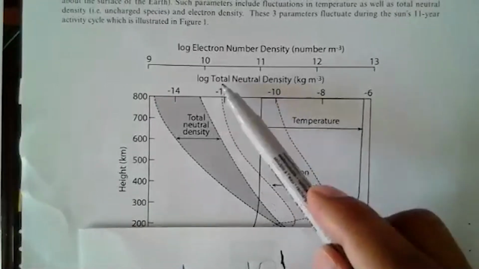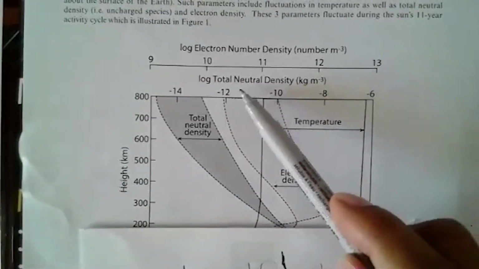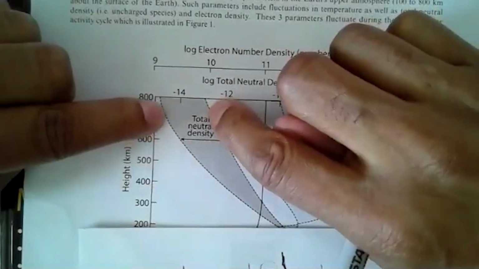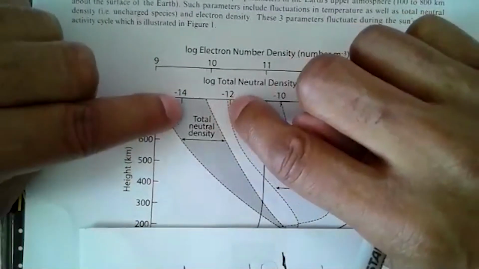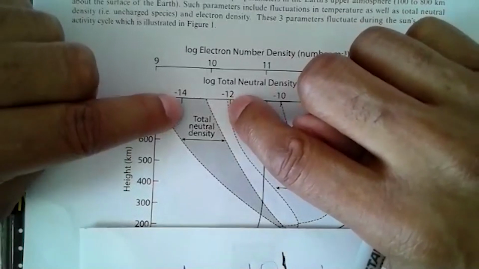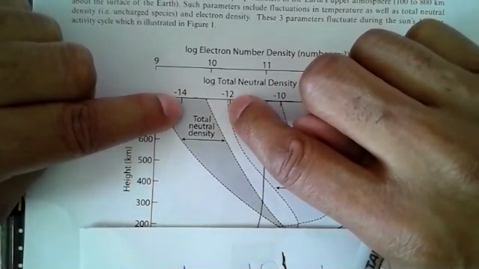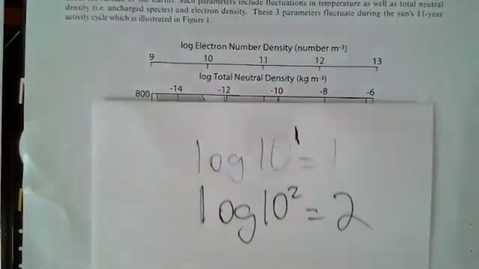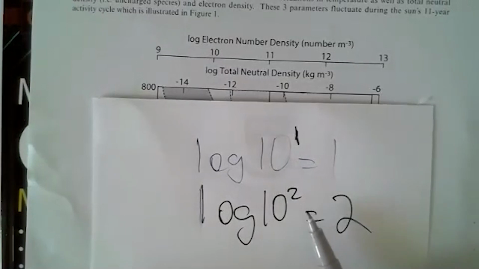So we have to read this scale, total neutral density. And on this scale, the greatest width of this is approximately 2 units, going from -14 to -12. So that's 2 units. Now, what does 2 units on a log scale represent? It represents 10 to the 2.